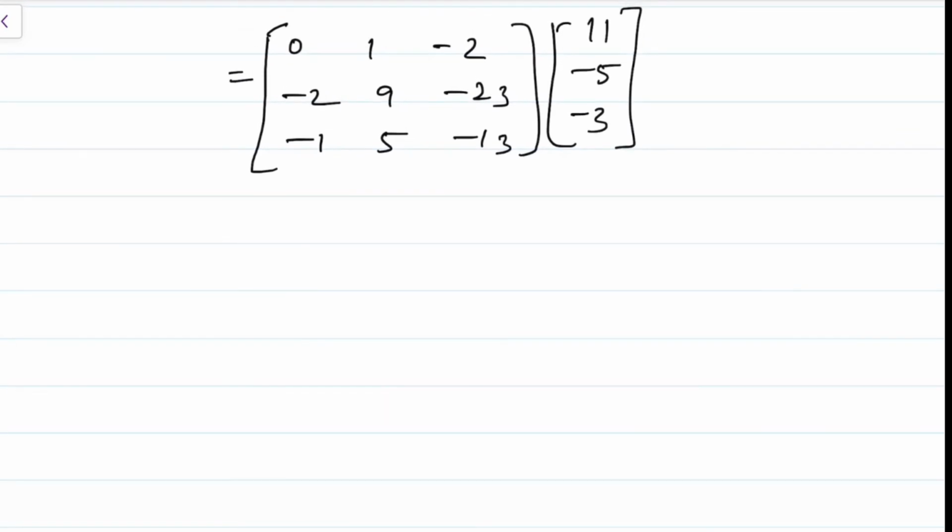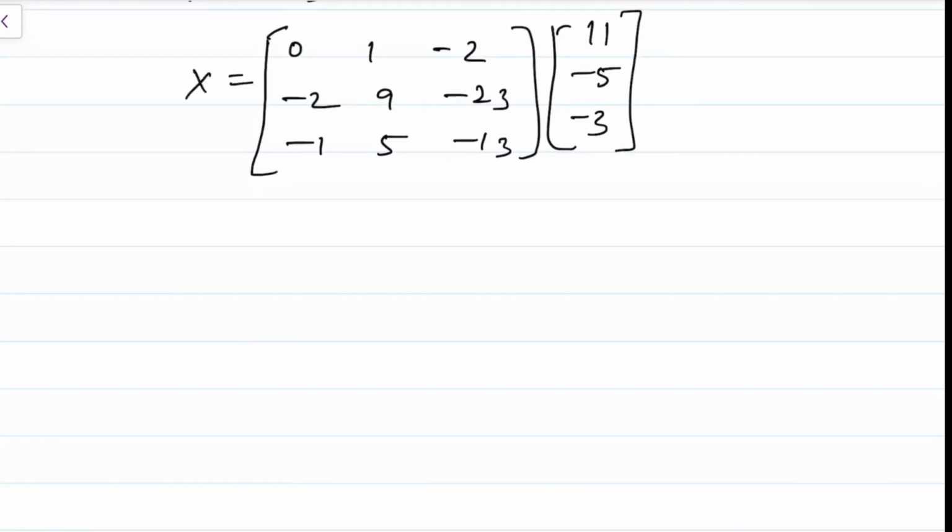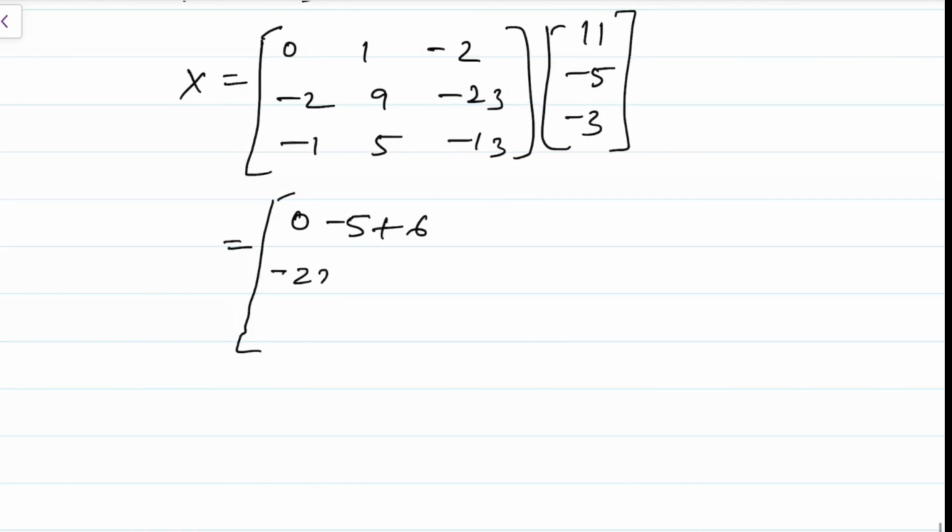So let us multiply it. 0 into 11, 0, 1 into minus 5, minus 5, 2 into minus 3 is plus 6. Minus 2 into 11, minus 22, 9 into minus 5, 45, minus 23 into minus 3 is 69. Minus 1 into 11, minus 11, 5 into minus 5, minus 25, minus 13 into minus 3, 39.